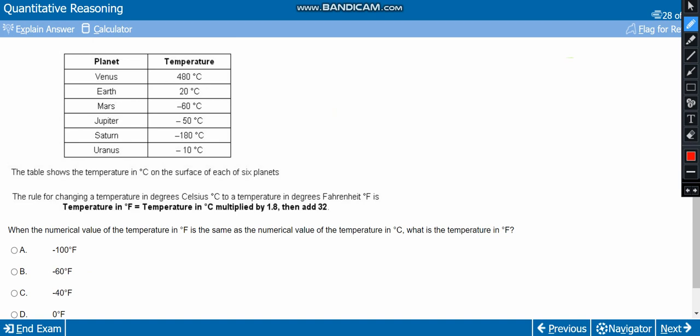And in this question, we're asked to find the numerical value of the temperature in Fahrenheit that is the same as the numerical value of the temperature in Celsius. What is this temperature in Fahrenheit? So, there is some value x in Celsius that when we multiply it by 1.8 and add 32, we still get x.